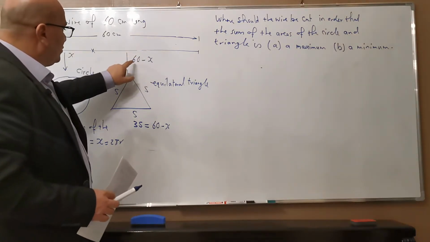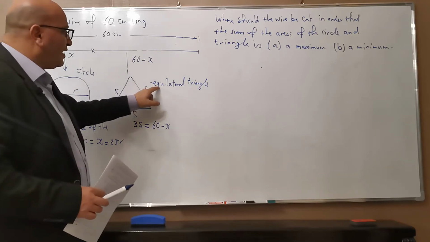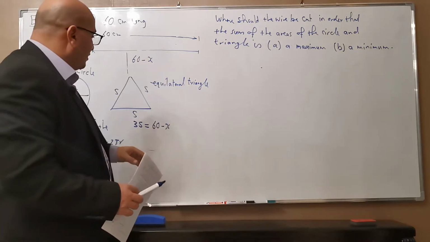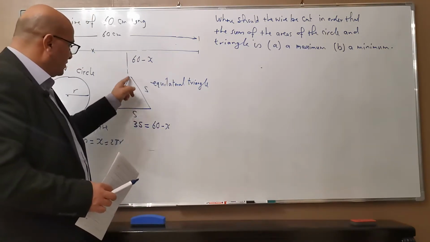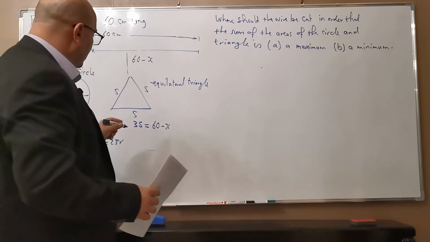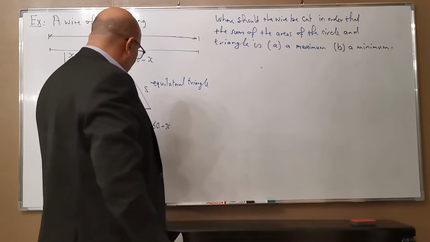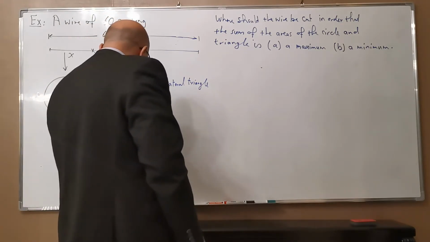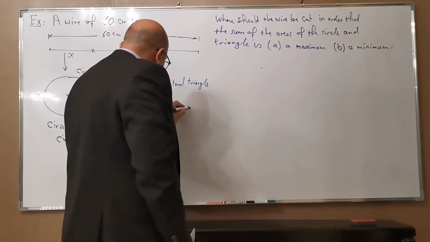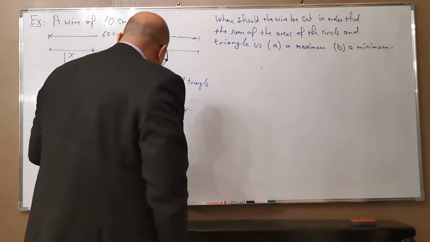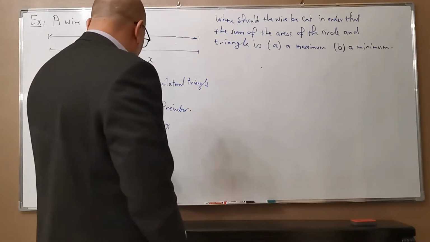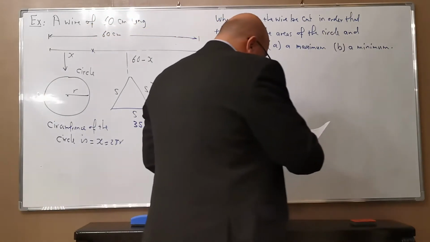The next part, which is 60 minus X, we make an equilateral triangle with this perimeter. So the perimeter of this triangle is equal to 60 minus X. Okay. All right.